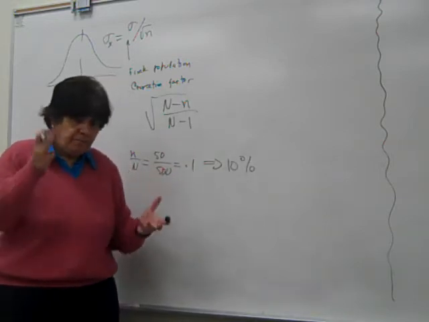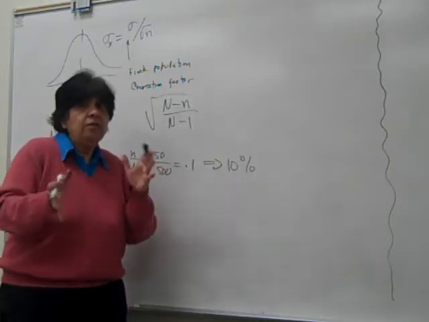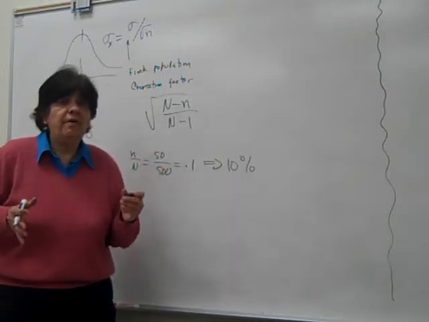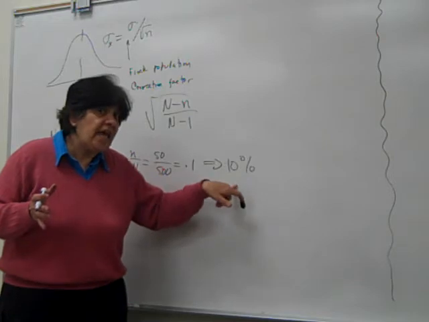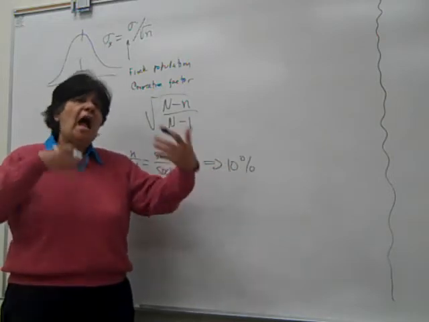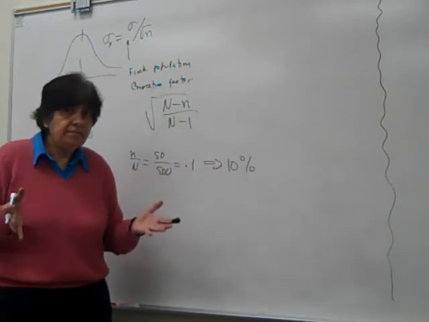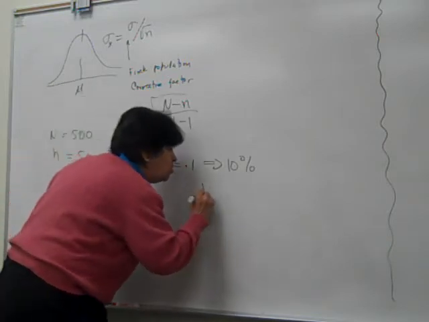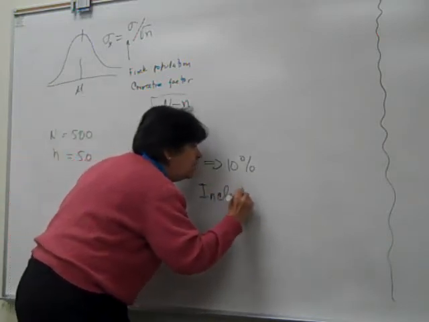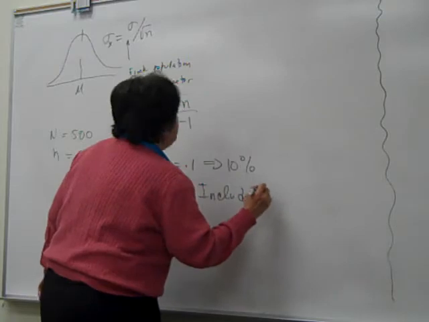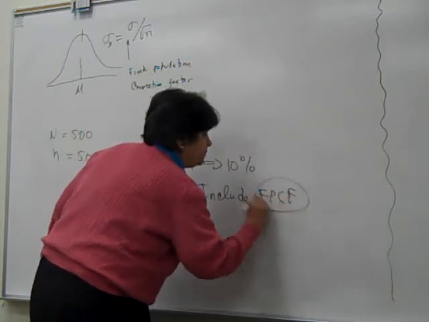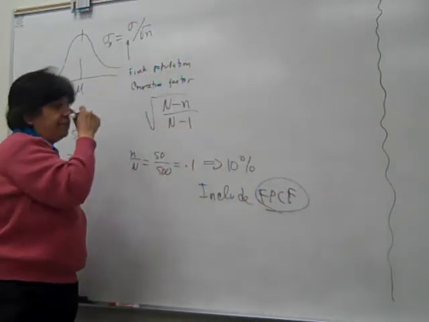That is the limit to consider finite or non-finite population. So in this case, since 10% is higher than 5%, then we need to include the finite population correction factor over here.